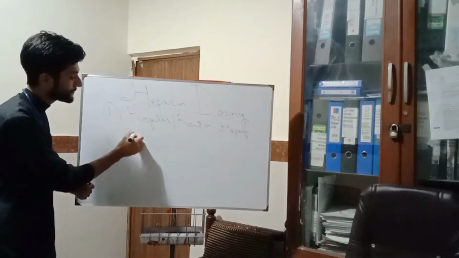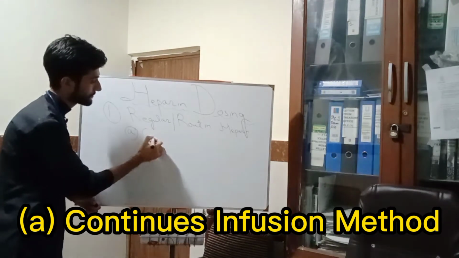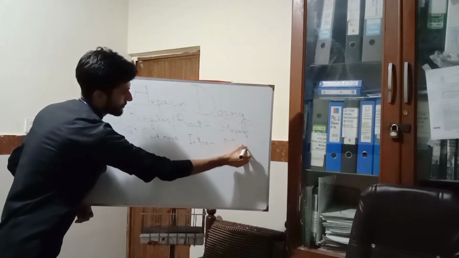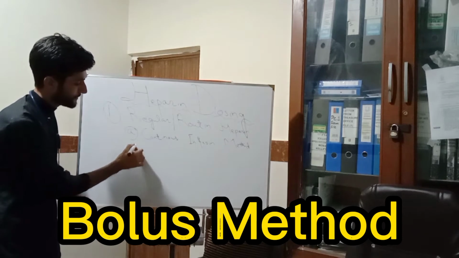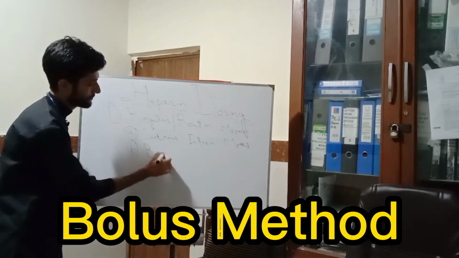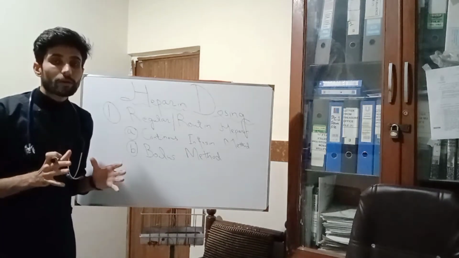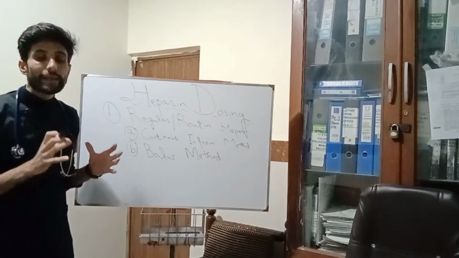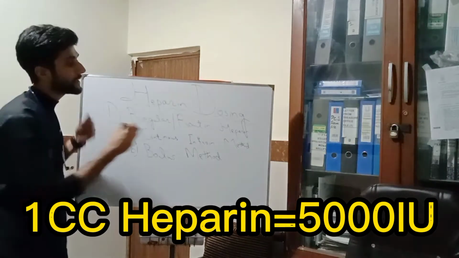First is the continuous infusion method, and second is the bolus method or repeated bolus method. Before we go further, I'm going to tell you that 1 ml or 1 cc of heparin has 5000 international units.